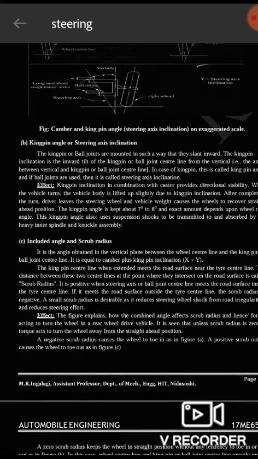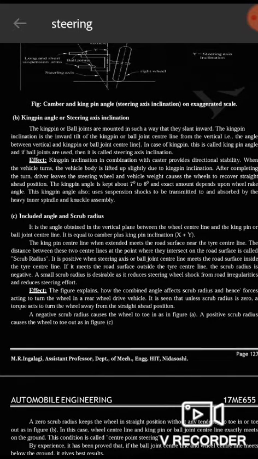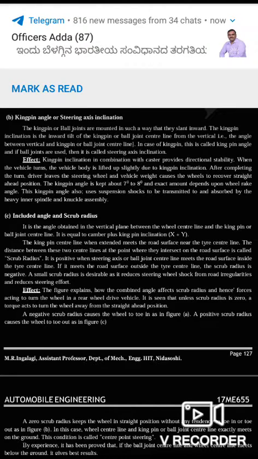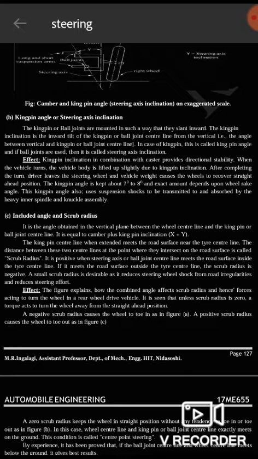This figure explains how the combined angle affects the scrub radius, and hence the forces acting to turn the wheel in a rear wheel drive vehicle. It is seen that unless the scrub radius is zero, a torque always acts to turn the wheel from the straight ahead position.